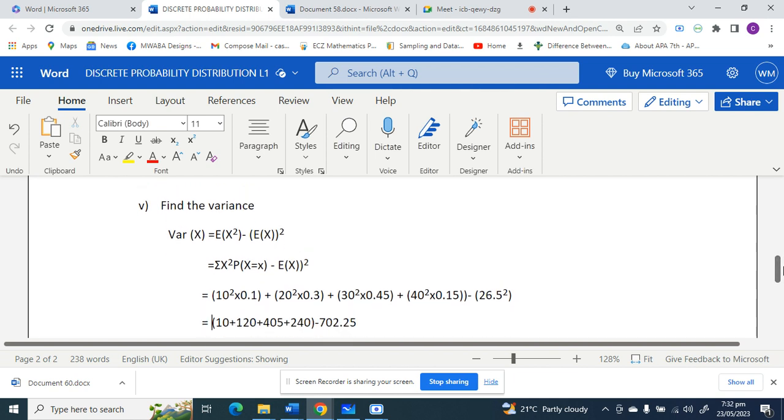So the next thing is the variance. As I was saying, there are two methods. You can use this formula or you can use the table format. If you use this formula here, what you're basically doing is the same process you used to find the expected value. The only difference is that the x values, you're squaring them.